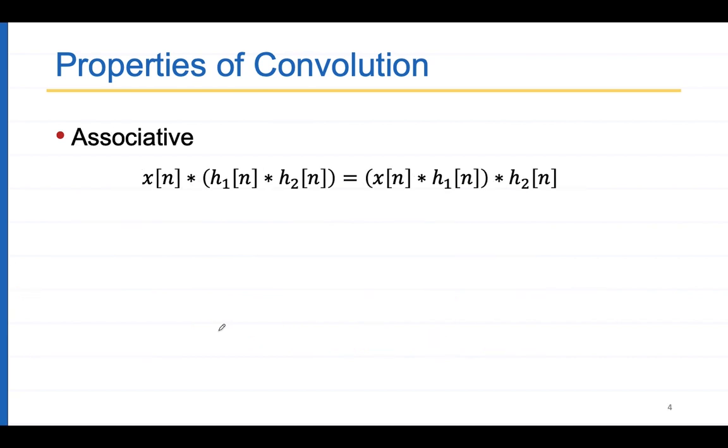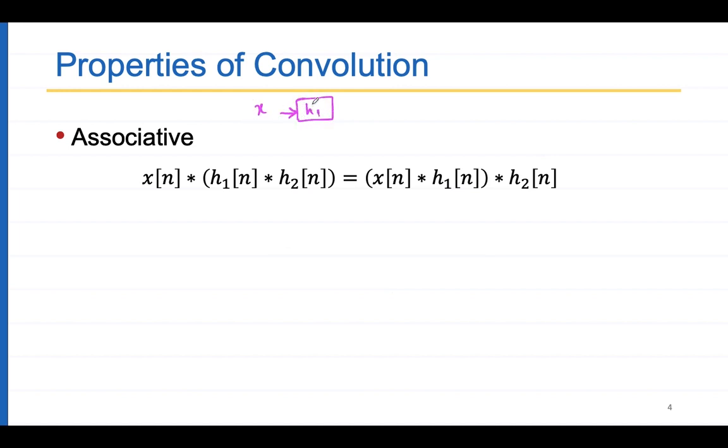Okay. Next thing is the property of associativity. This operation of convolution is associative, which means whether I do this convolution first followed by this convolution, or this convolution first followed by this convolution. Pictorially, I can see it like this. I have a system h1.